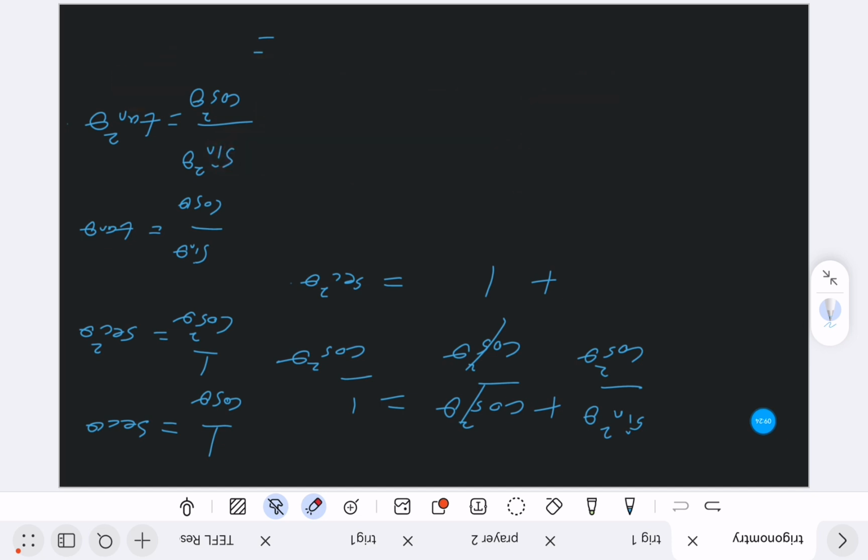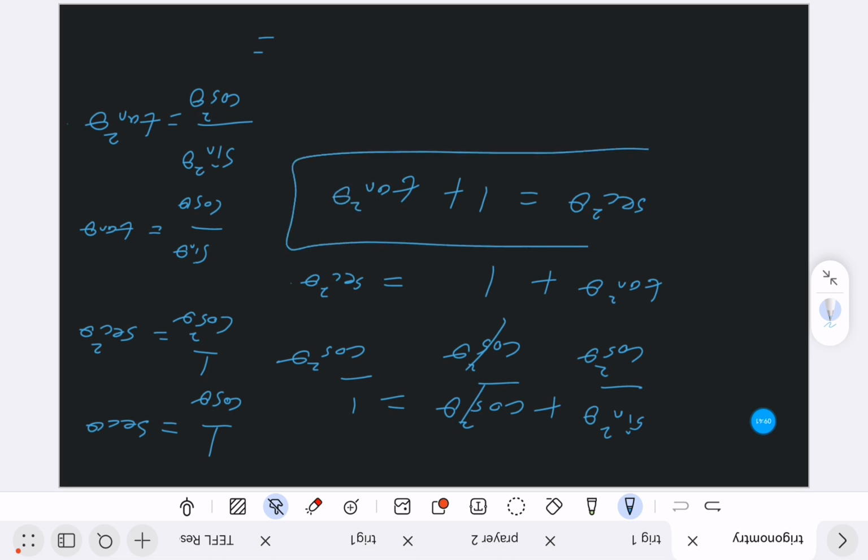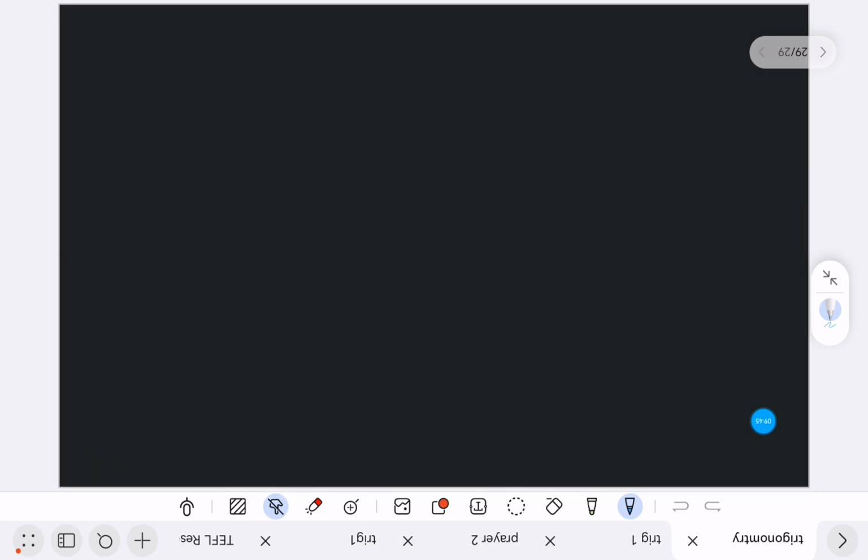Okay, so let's go ahead. So this is the third, and the other identity, sec squared theta is equal to 1 plus tan squared theta. And so we have all the three identities, and once again I'll summarize them for you quickly.